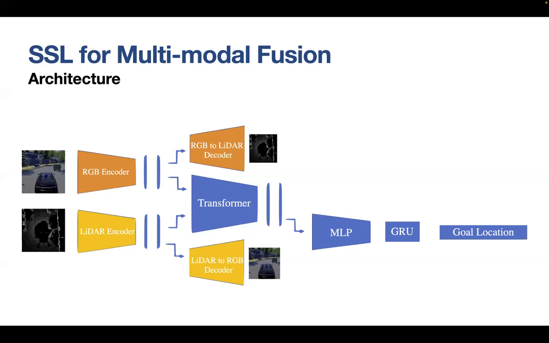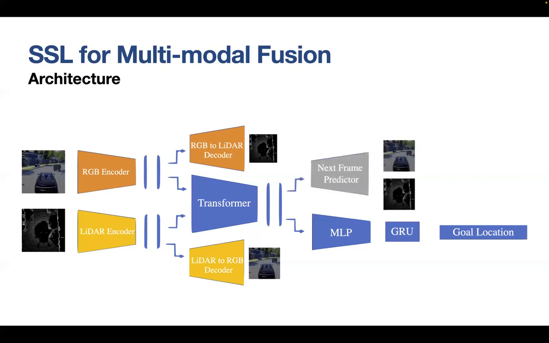And then the LiDAR decoder can predict an RGB image out of the LiDAR encoder features. We hope that these will help the features that the RGB encoder and LiDAR encoder produce to encode the information about correspondences between LiDAR input and RGB input.